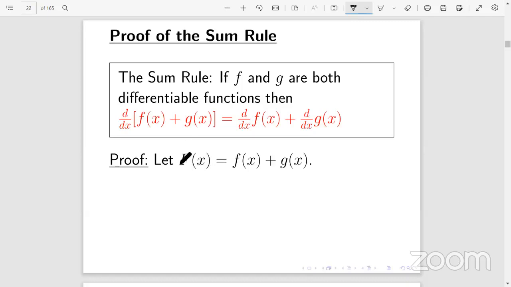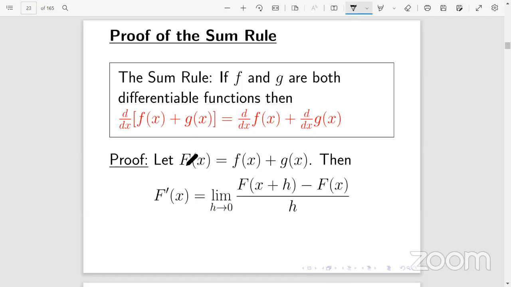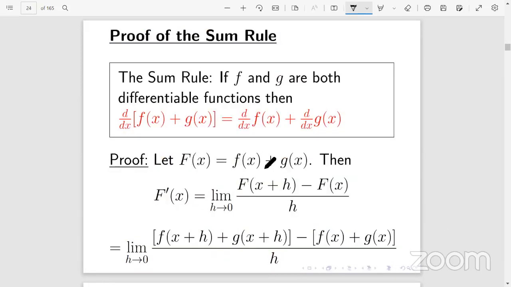So this capital F is f plus g. Now we want to differentiate this F. Remember that from the definition of differentiation, or from first principles, this is how we differentiate or find capital F prime.